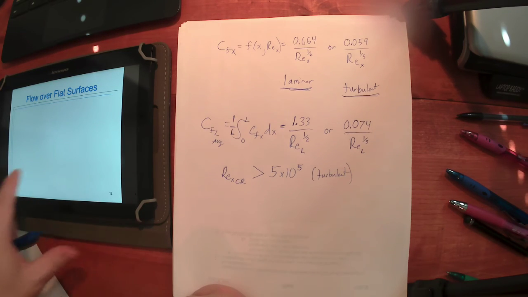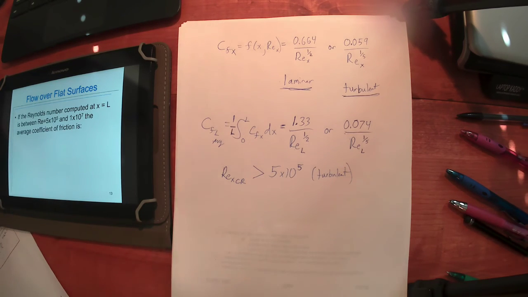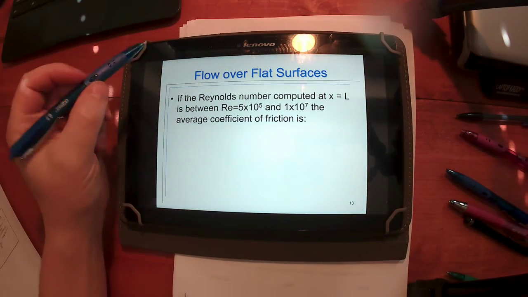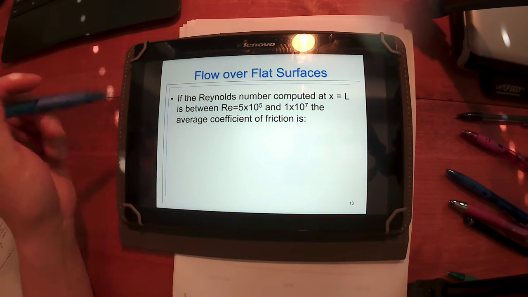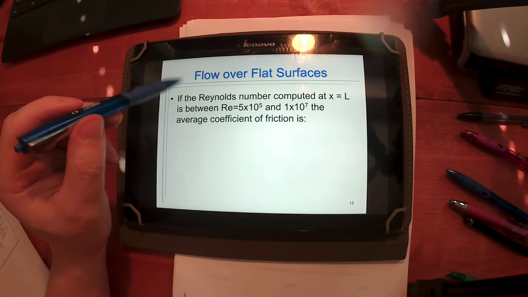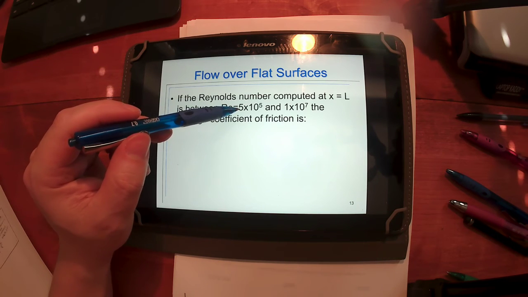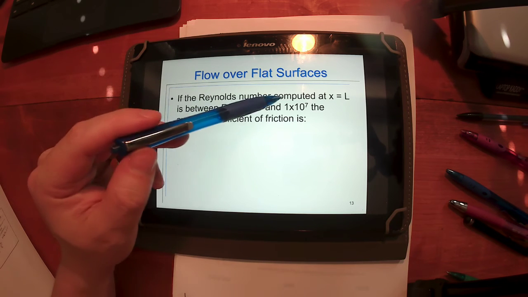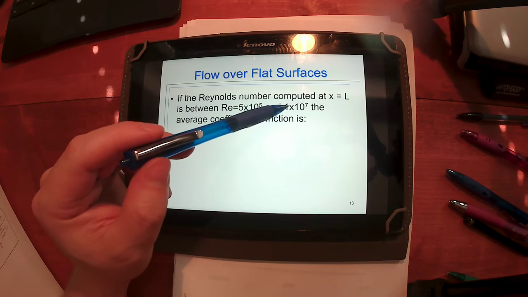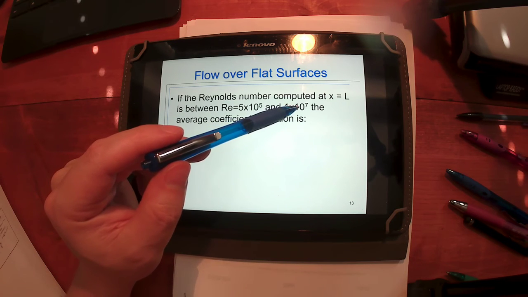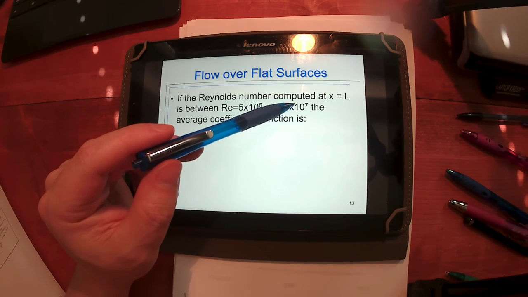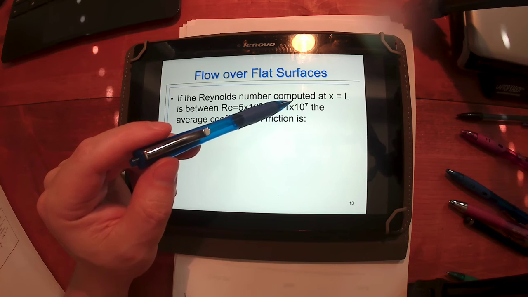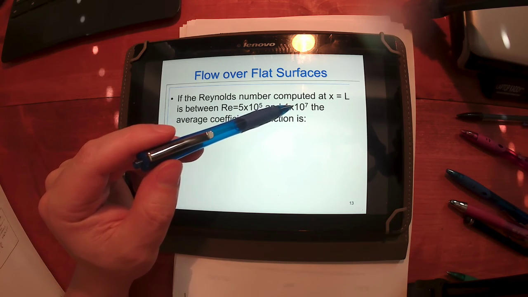Now, in the text, they say, well, there is kind of this magic in-between region. So what you want to do is compute the Reynolds number out at the length. If it's less than 5 times 10 to the 5, the entire plate's in the laminar region. Just use the laminar quantity. And they're saying here, look, if you go out to the length L and compute the Reynolds number and you find 1 times 10 to the 7, 10 million, just assume the entire plate is turbulent.